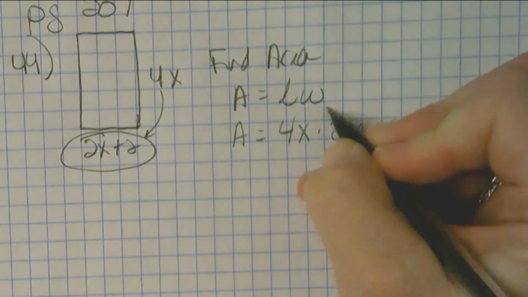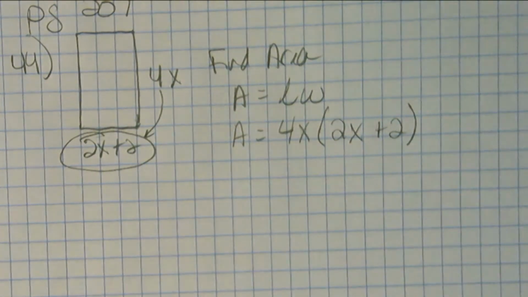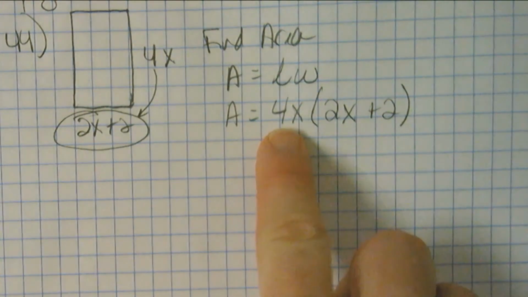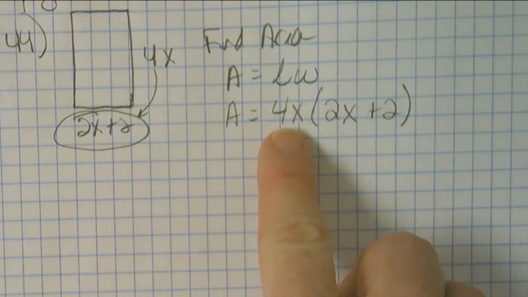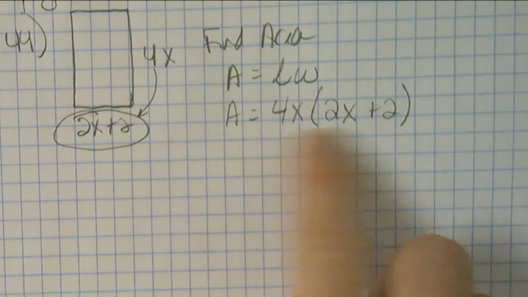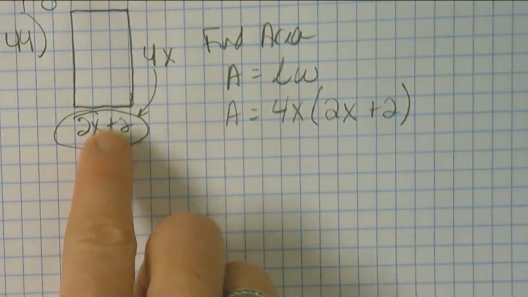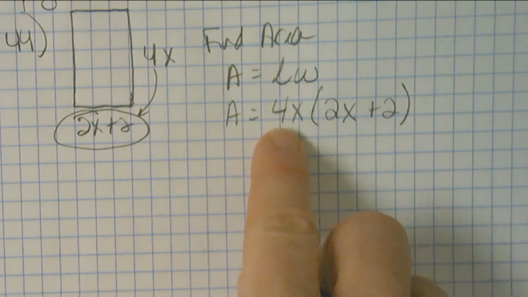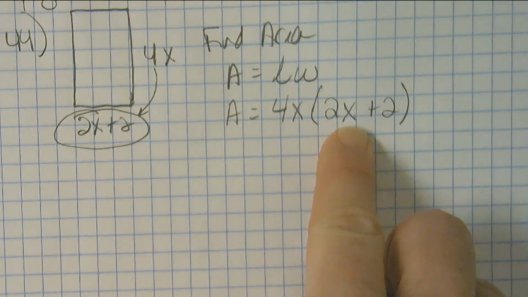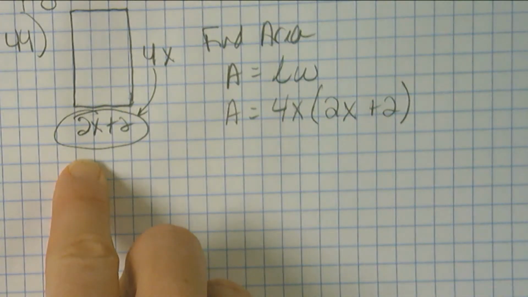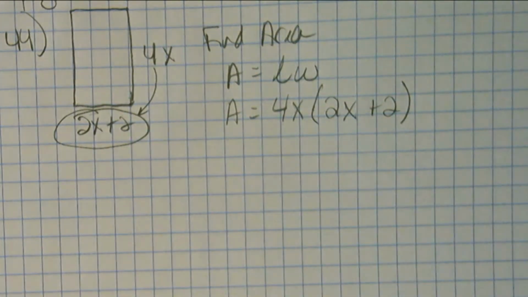So to accomplish that, Kira, you're absolutely right. I have to put that 2x plus 2 in parentheses. If I don't put it in parentheses, then all you're multiplying together is the 4x and the 2x. Pierre, you're paying attention. You have not multiplied that length times the entire width. So that has to go in parentheses.